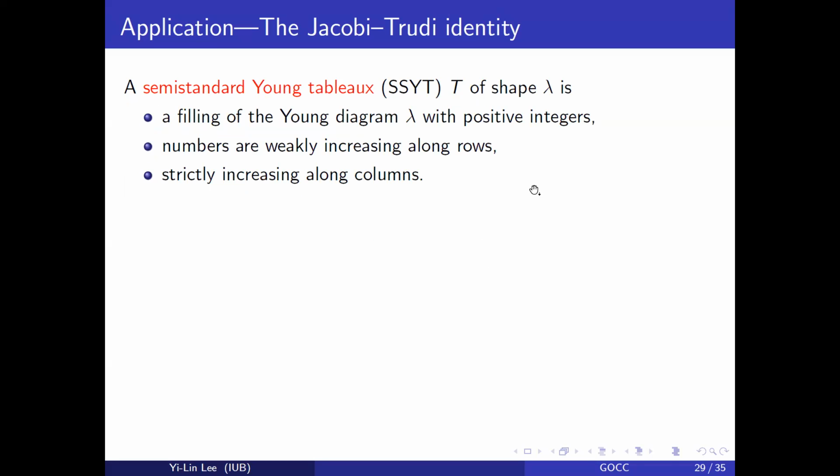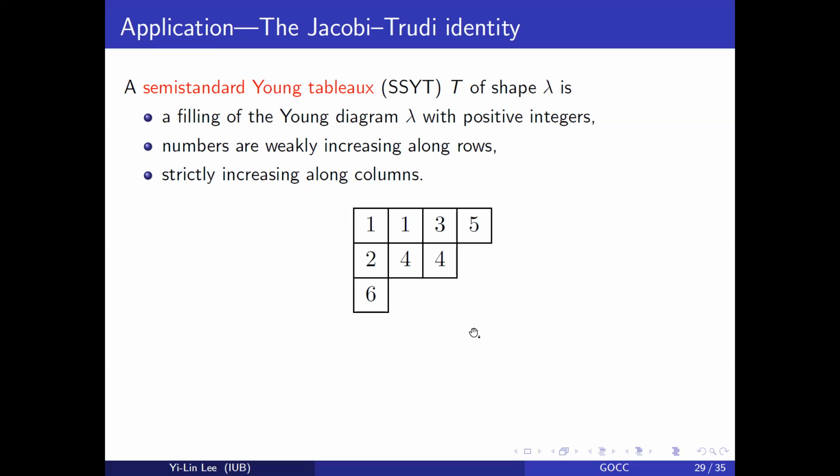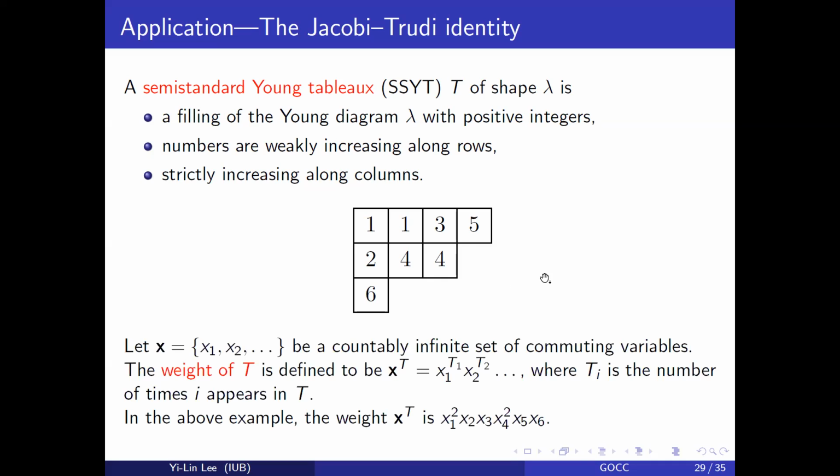A semi-standard Young tableau is a filling of the Young diagram with positive integers such that the numbers are weakly increasing along rows and strictly increasing along columns. This is an example. Now we let x1, x2, and so on be a countably infinite set of commuting variables.